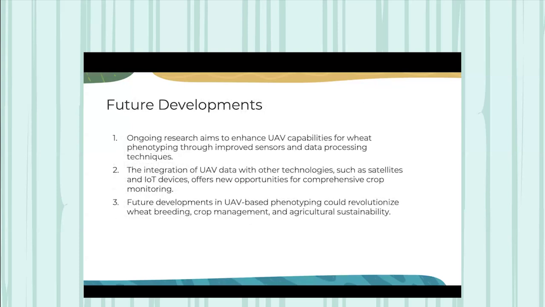Our ongoing research aims to enhance these UAVs' capabilities for wheat phenotyping through improved sensors and data processing techniques. We are also working on the integration of UAV data with other technologies, such as the data from Landsat and Sentinel, and we are also trying to develop a yield estimation model based on biophysical parameters, in which we are combining UAV plus satellite plus agroclimate parameters.